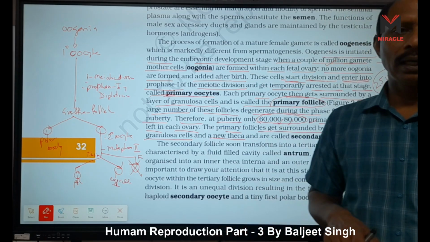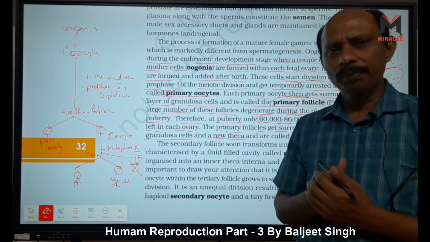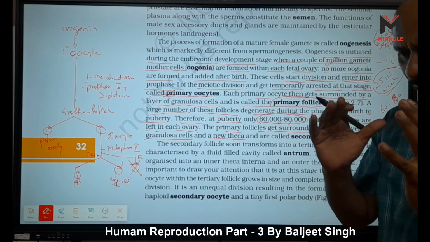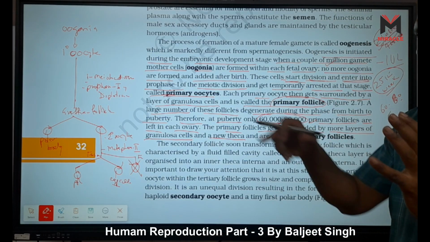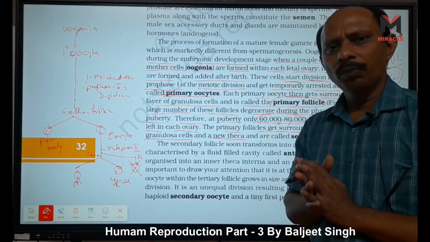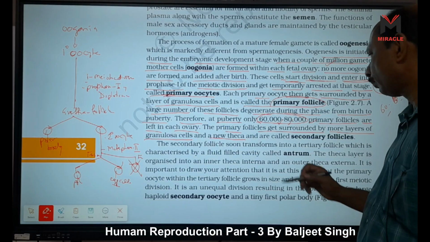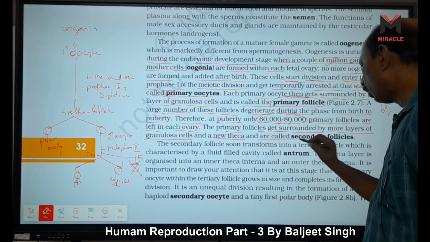And the theca interna is made up of cells, we can say stromal cells, right? Because it is cellular, what happens? It secretes estrogen hormone. These are called secondary follicles.